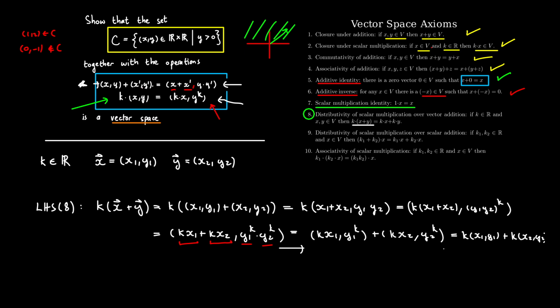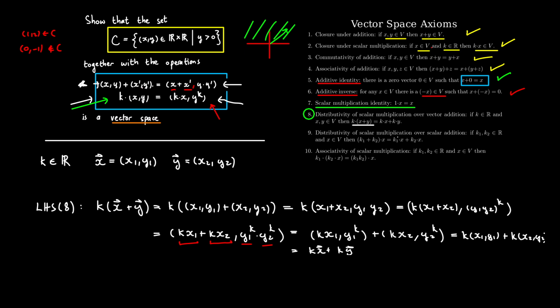Then from here to here, I used this over here. And so I can go one step further and just say what this is. This is just k times x plus k times y. And so that's exactly what the right-hand side is, as you can see here.